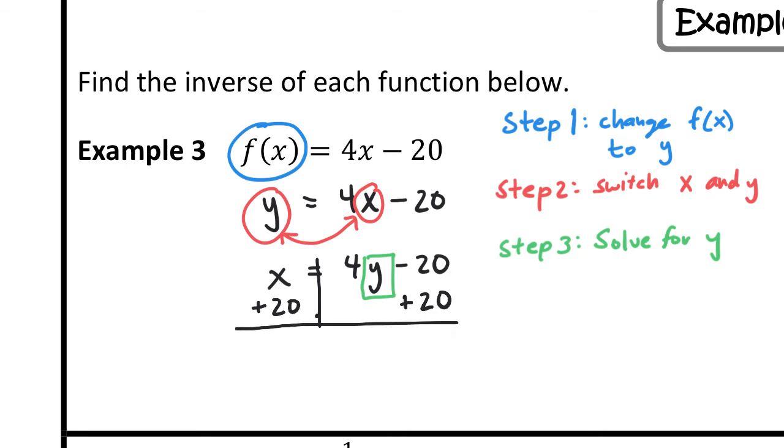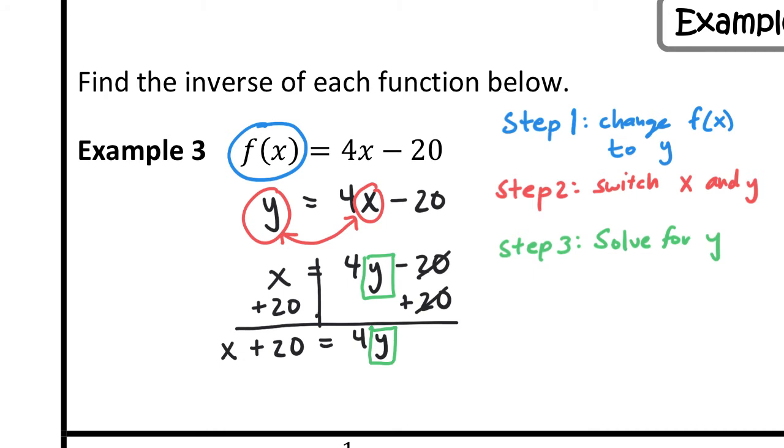Okay, so on the left I get x plus 20 equals 4y, and negative 20 and 20 cancel out. Again I want to solve for y, get y by itself. So let me box it again. I want to get y by itself, but I need to get rid of the 4.